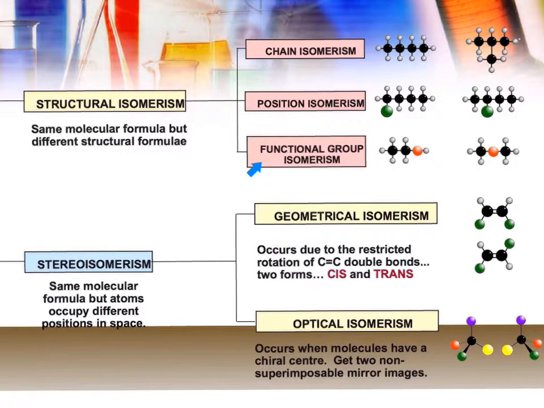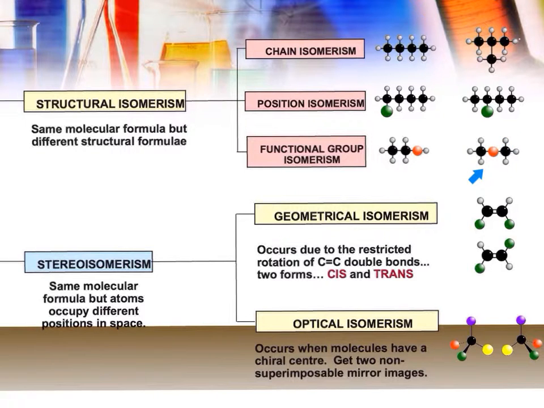We can also have structural isomers relating to functional groups. In this particular example, we have a chemical compound that has 2 carbons and 5 hydrogens here. Here it's attached to an oxygen attached to a hydrogen. So this right here is an OH group, or an alcohol, where here we have the same number of hydrogens.